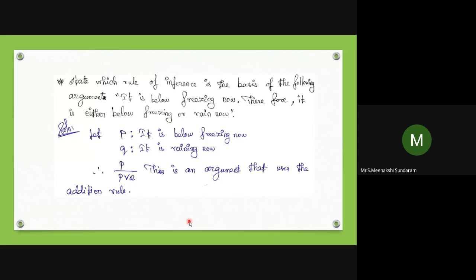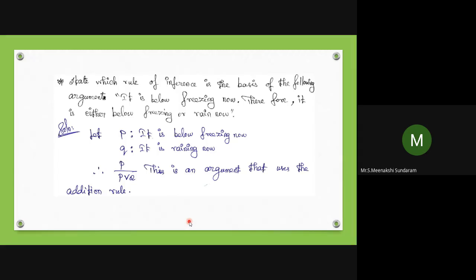State which rule of inference is the basis of the following argument. It is below freezing now. Therefore, it is either below freezing or raining now. So let P be: it is below freezing now. Q: it is raining now.